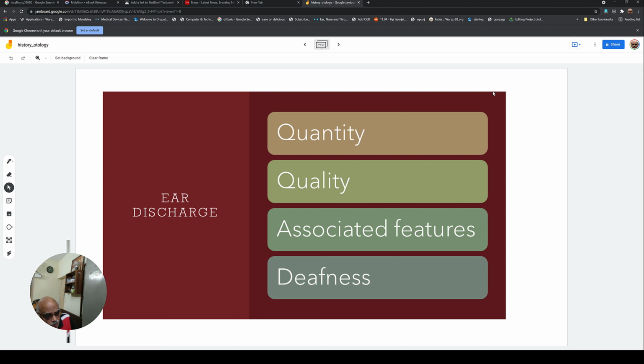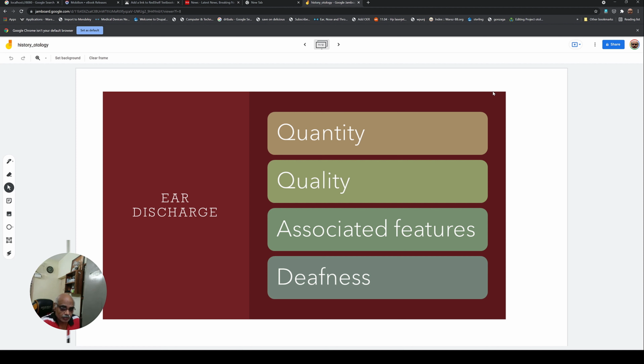So such is the amount of discharge, then it goes without saying these patients could have an abscess. It can be an extradural abscess following chronic suppurative otitis media. So profuse torrential discharge can be caused due to a draining extradural abscess.